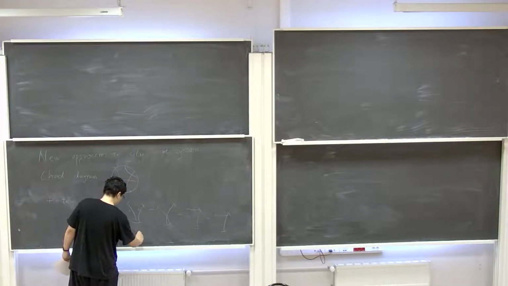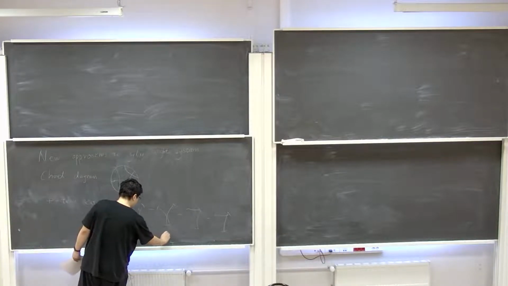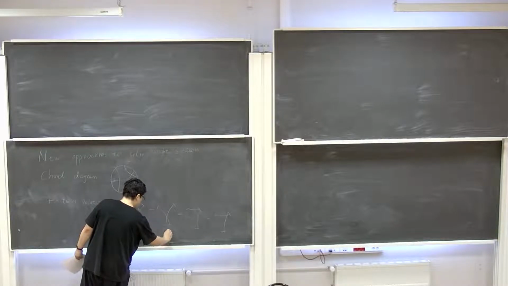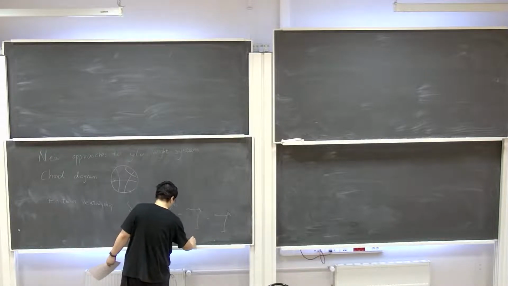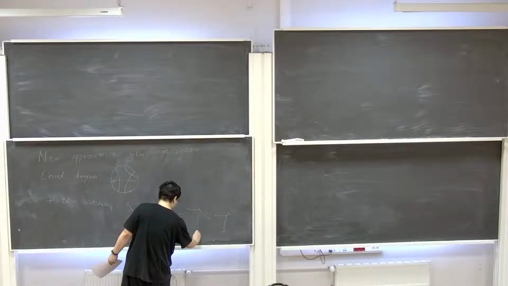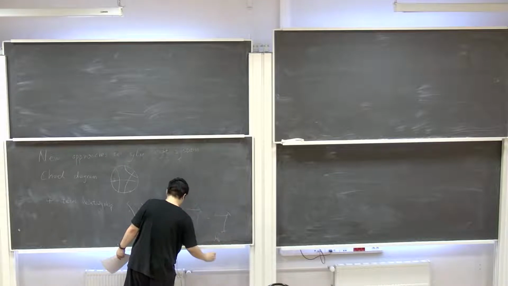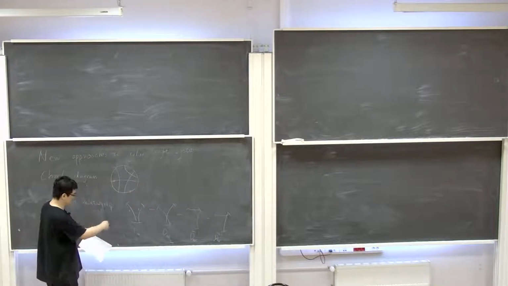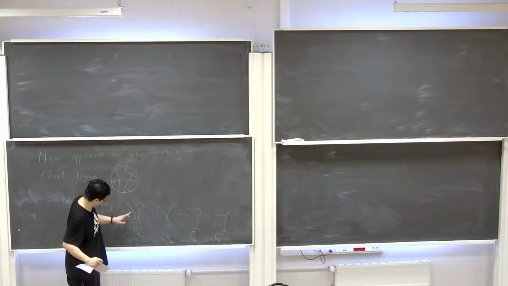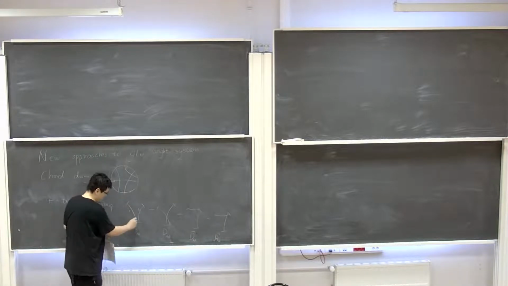For arbitrary chord diagrams and arbitrary pair of chords with neighboring ends. Yeah, it's for a chord diagram, and there are two chords A and B. This is the first and the next.